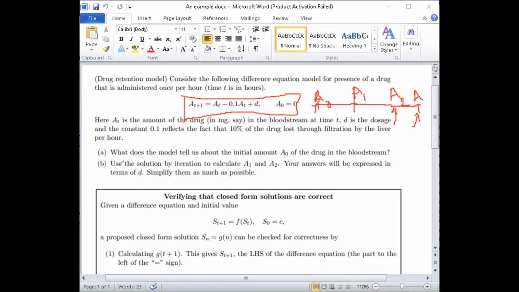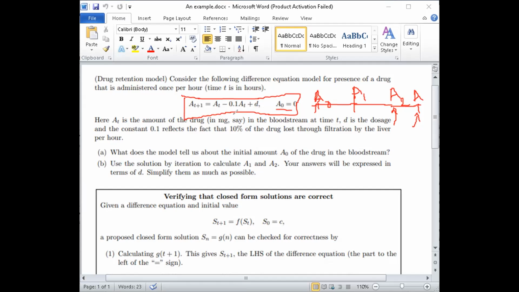All right. So use the solution by hand. You can compute A1 because you know A naught, the initial amount of drug in your bloodstream, right? Then you plug this value in.